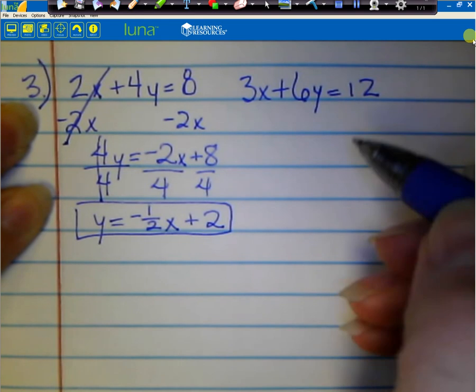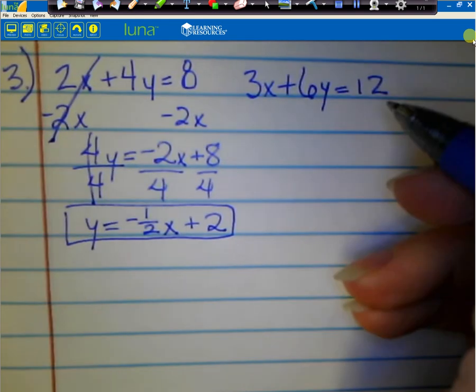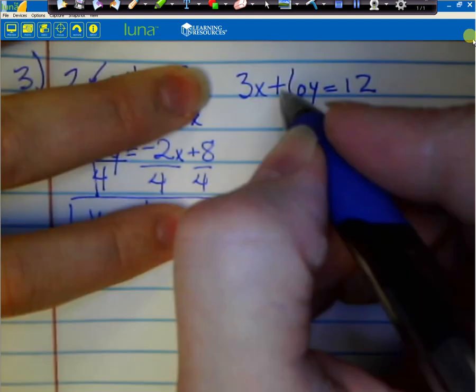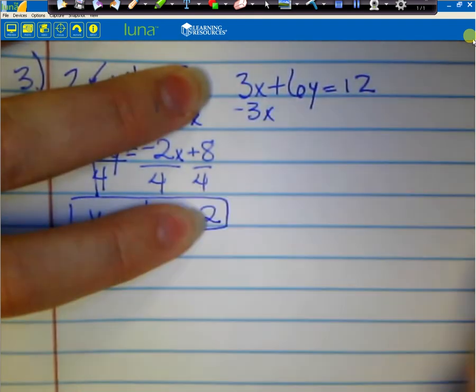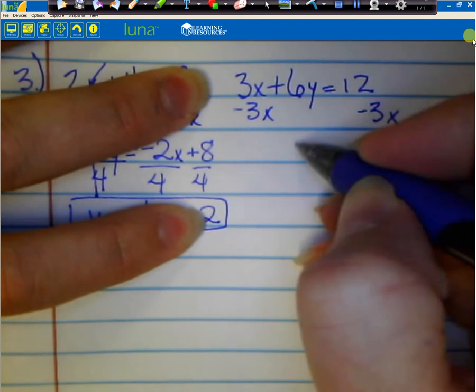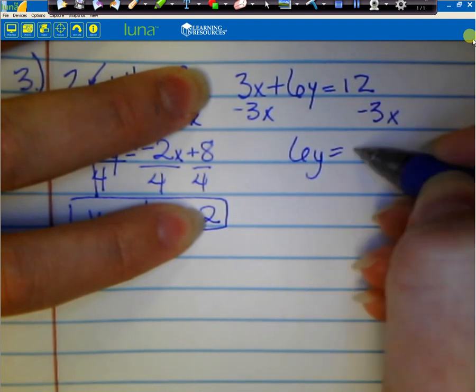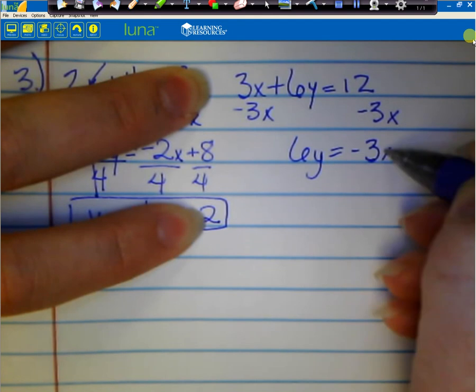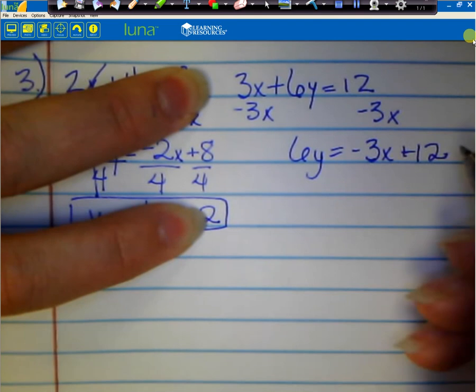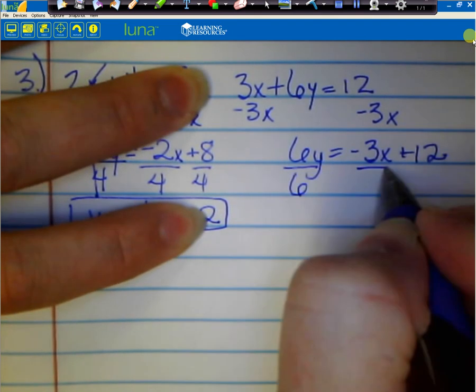Over here, I'm going to first subtract my 3x from both sides, which is going to give me 6y equals negative 3x plus 12. Now I have to divide everything in the problem by 6.